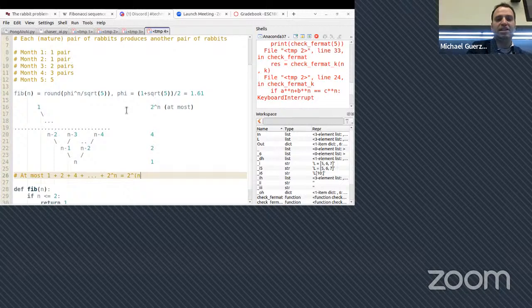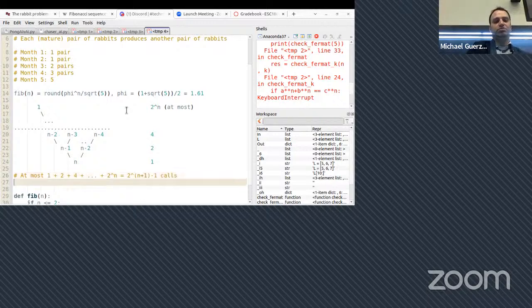We already did the computation last time, so I'm not going to repeat it. This is the geometric series, so at most this many calls. What's the upper bound on the complexity? Well, we can say it's O of 2 to the n.